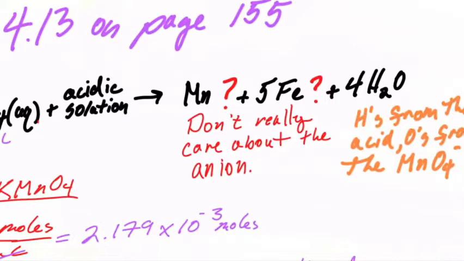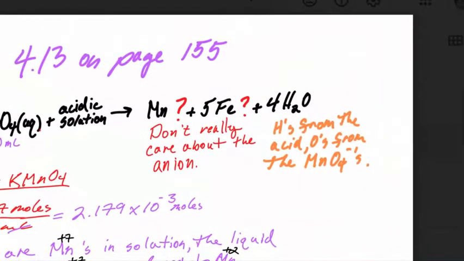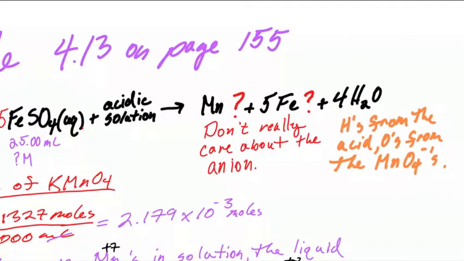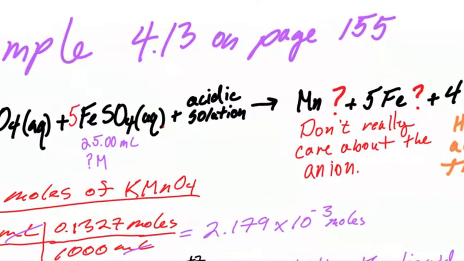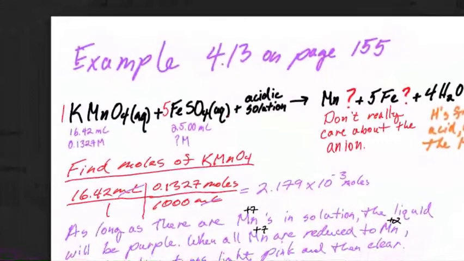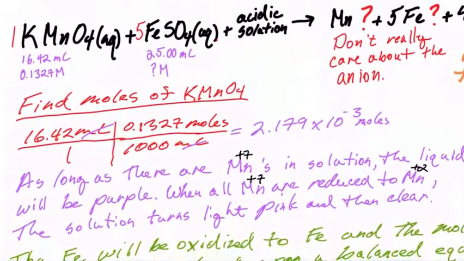We don't really care about the anions here. They could be sulfates, which means they're spectator ions, which really, again, means we don't care about them, but it would be nice if we would have seen some anions in there. The hydrogens, as I said, come from the acid, and when they bond with the oxygen after leaving the manganese, they make water.